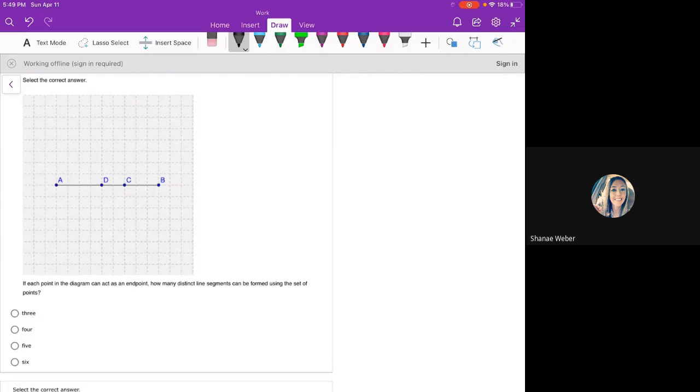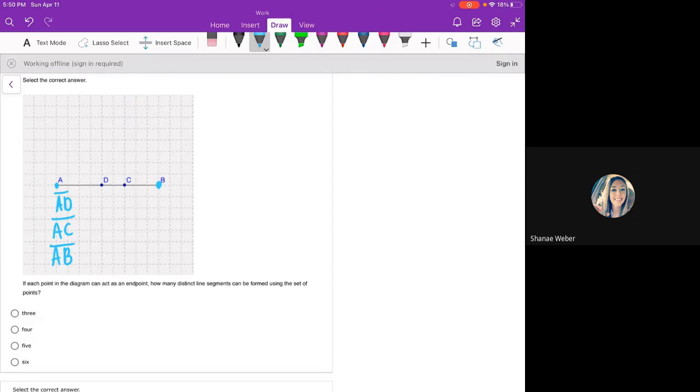It says, if each point in the diagram can act as an endpoint, how many distinct line segments can be formed using the set of points? So, for example, we can have the line AD. We can have the line, pretend like D doesn't exist, AC. And if we pretended C doesn't exist, we can have the line AB.